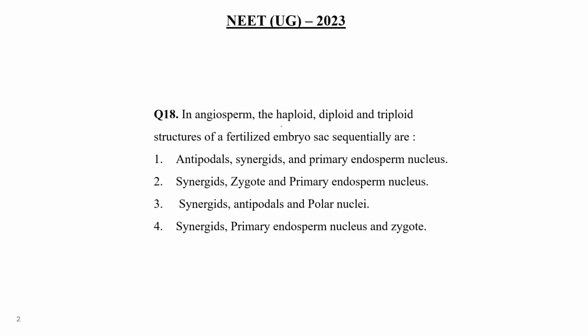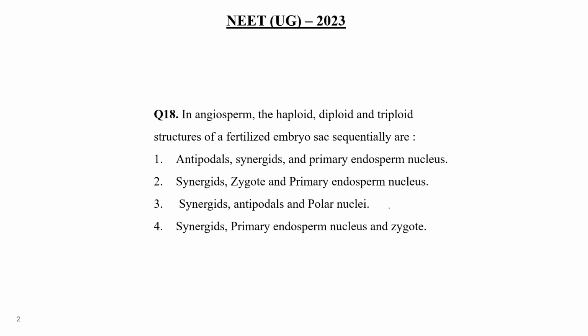In angiosperms, haploid, diploid, triploid: these are the structures of a fertilized embryo sac, sequentially. The choices are antipodal, synergids, and primary endosperm nucleus; synergids, zygote, primary endosperm nucleus; synergids, antipodal, polar nuclei; synergids, primary endosperm, and zygote.